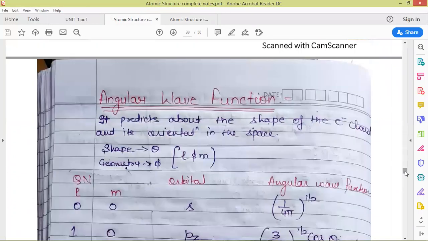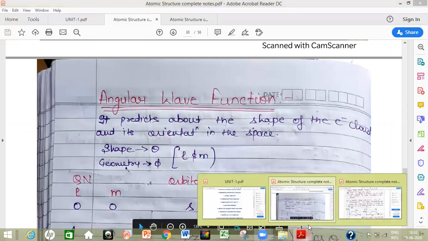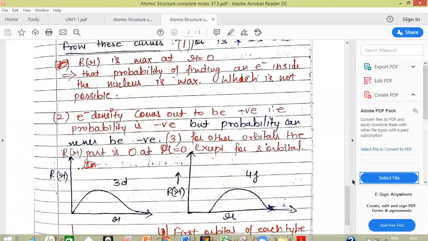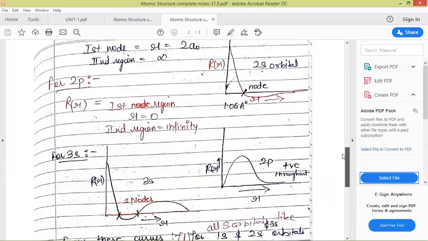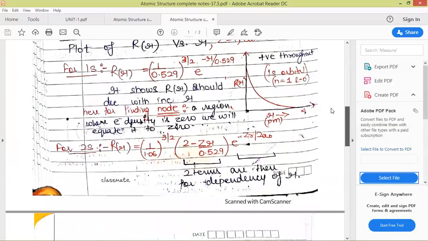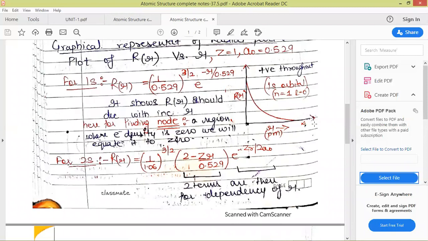So if we take R square here, for the plot of the radial wave function for 1s orbital, let us assume we are plotting R square. We are having a look at evaluating the value of R square with r.